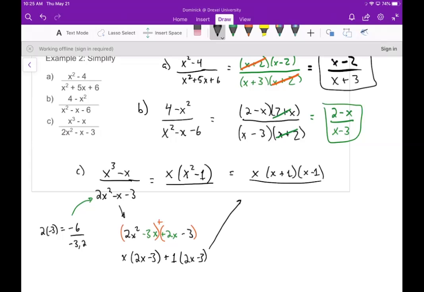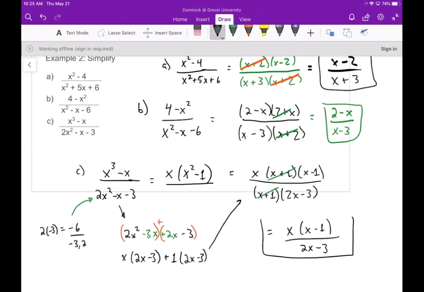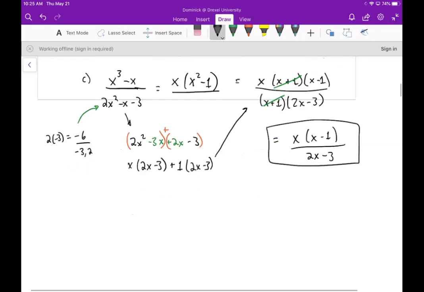Once I factor everything out, I'll have x plus 1 times 2x minus 3. Finally, we can cancel those x plus 1s, and we're left with x times x minus 1 over 2x minus 3. Okay, so that's completely simplified now.